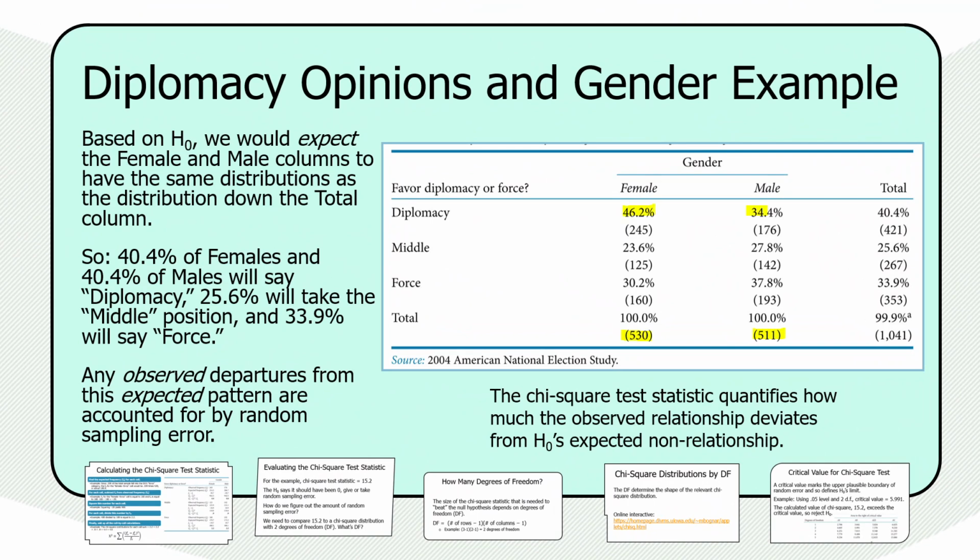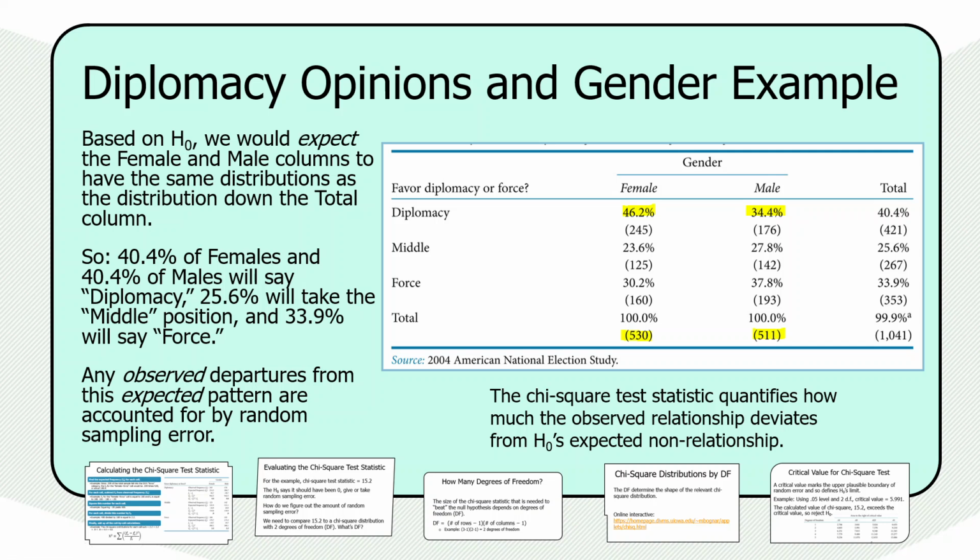So there's almost a 12 percentage point drop in the preference for diplomacy across genders. So we would be inclined to say that our gender gap hypothesis is supported. But the null hypothesis would say, not so fast.